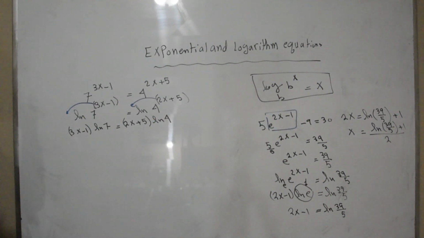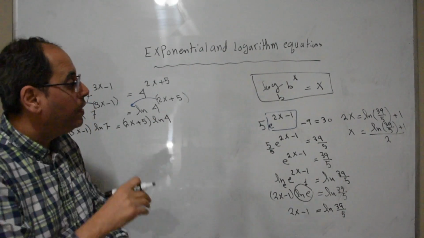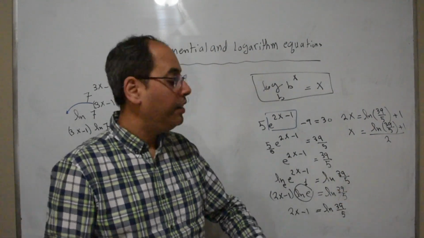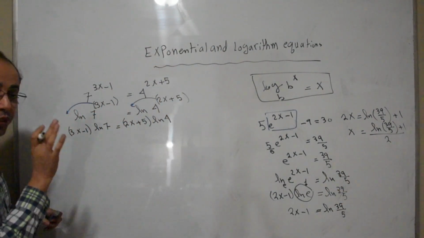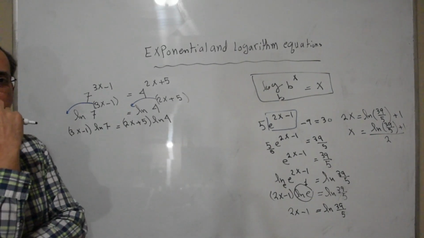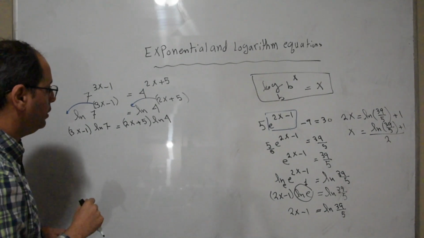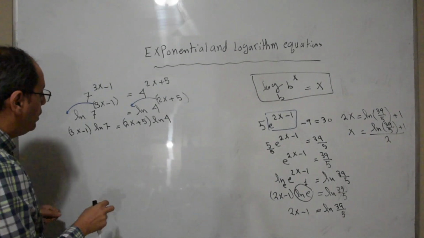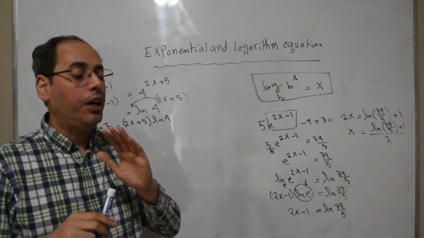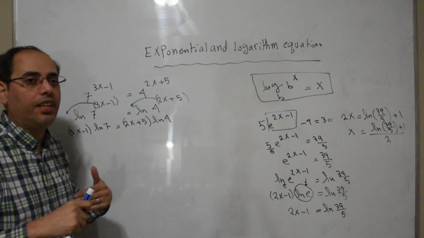Now, here's a problem. With these problems, I had x on one side and it's done. But now, I have a tricky thing. I have x on both sides. So what am I supposed to do? So let's see the idea here. You know that natural log of 7 is just a number. Think about that natural log of 7, let's say 2.